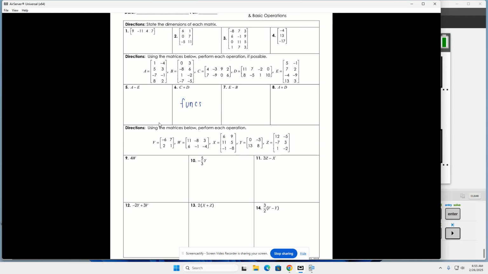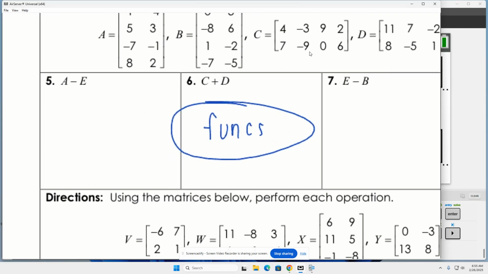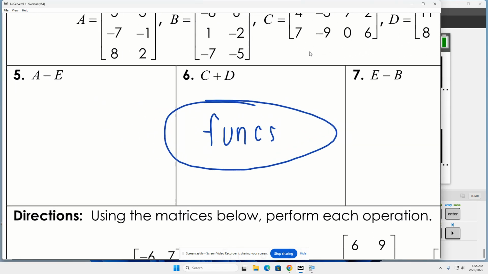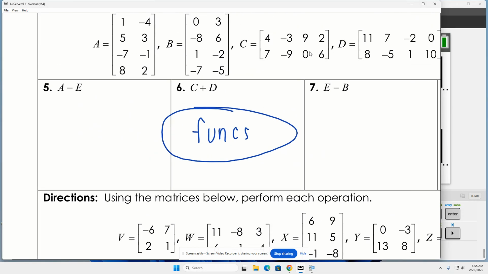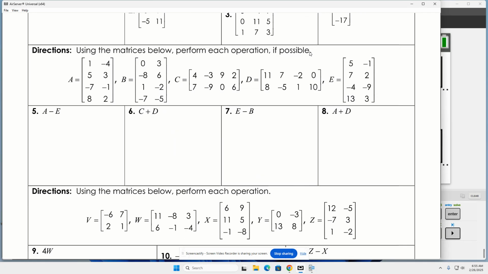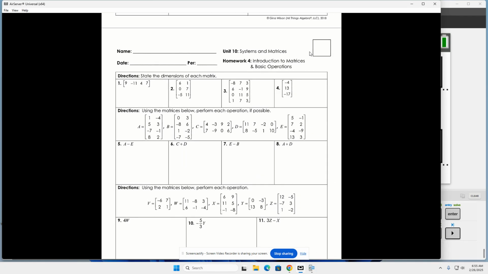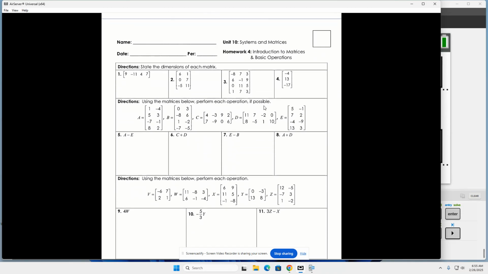It says funcs, I think, on your app if you have that Desmos app. And you can do all these same matrix operations with your calculator on your phone. But I wanted you to see how we do it with our calculator here because that's the one you can use on a test.